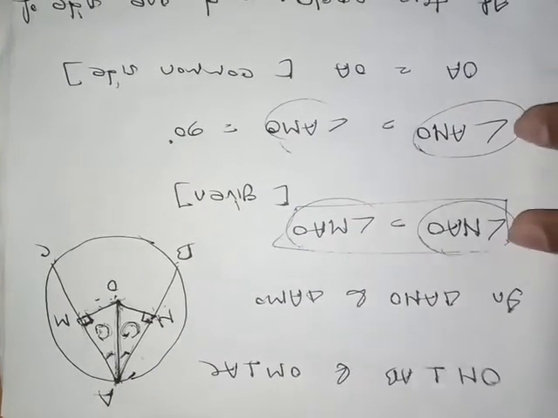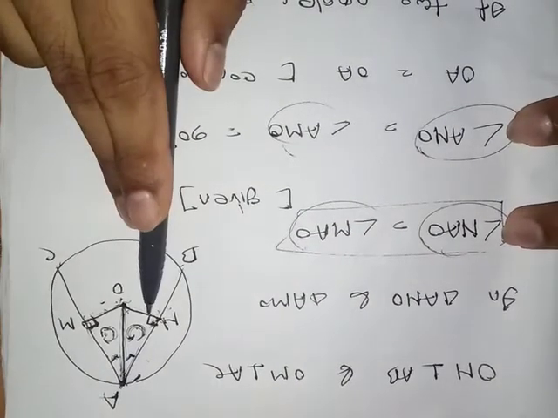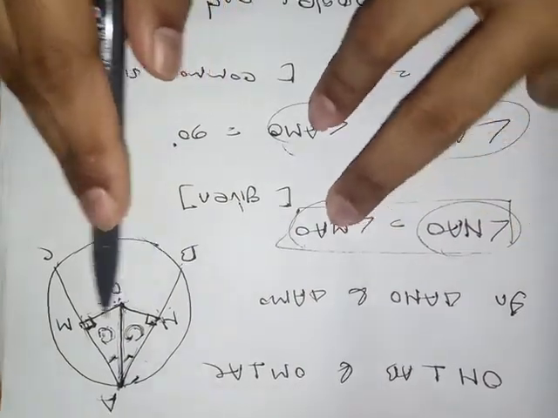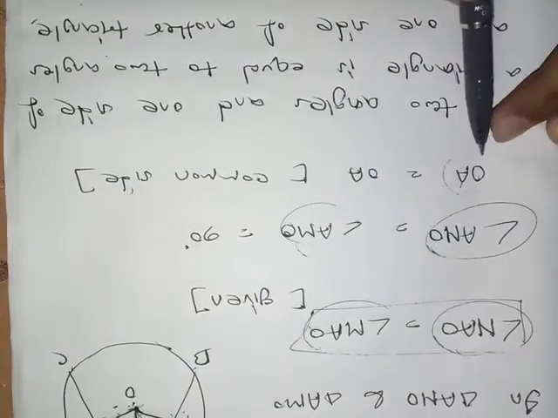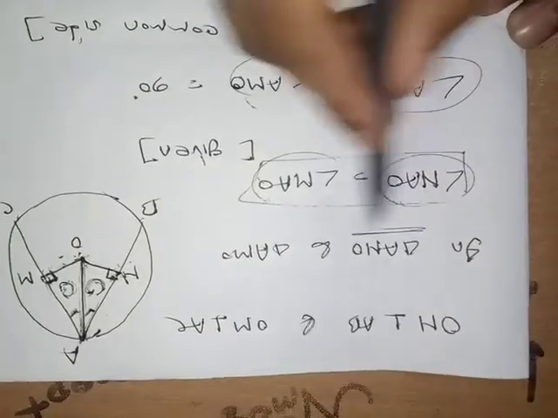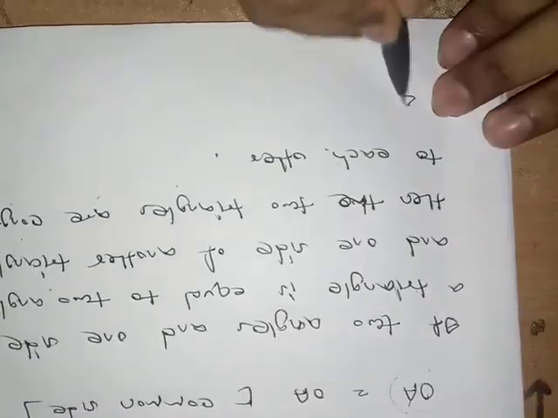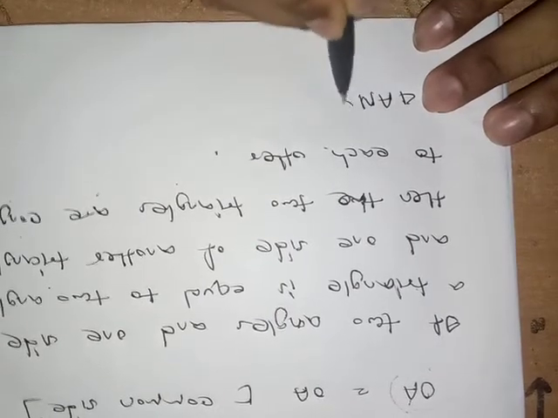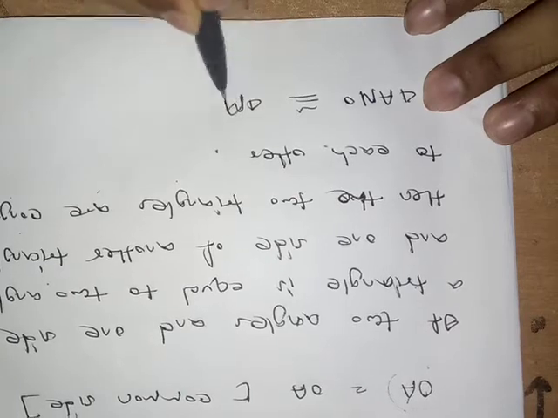So we have found two angles of a triangle that are equal to two angles of another triangle, and there is also one side that is equal in both triangles. So we can say that triangle ANO is congruent to triangle AMO.